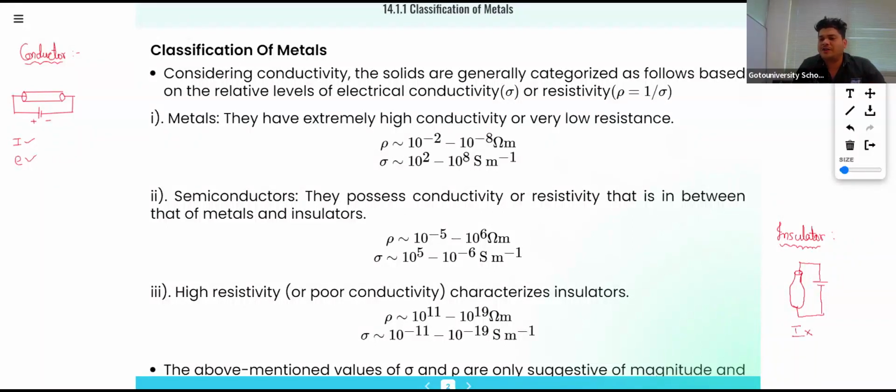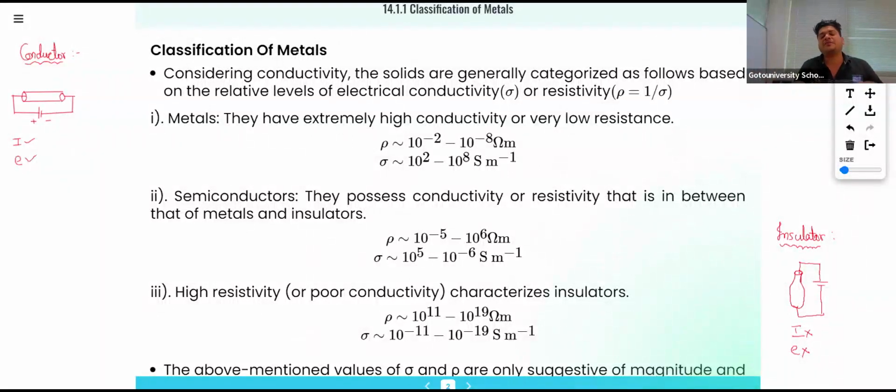If there is no flow of current, that means there will be no flow of electrons. In a conductor, there was a flow of electrons. In an insulator, there will be no flow of electrons.